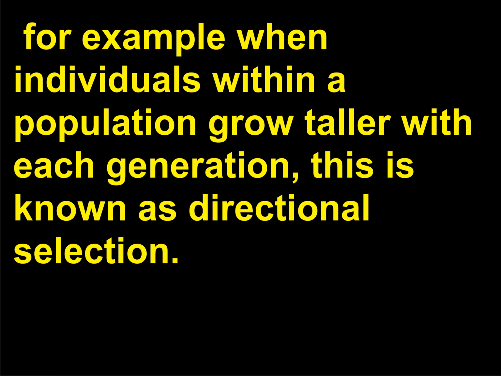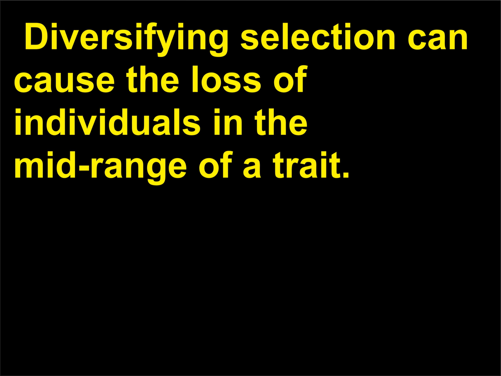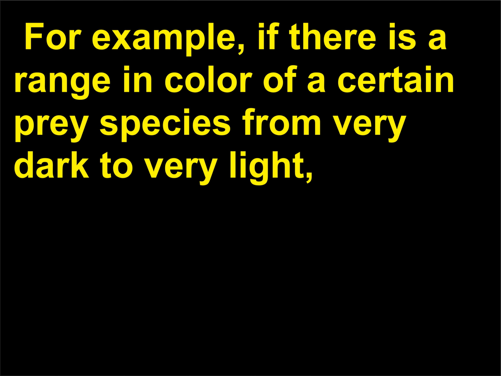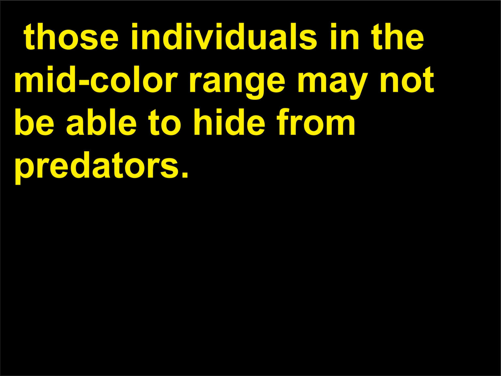For example, when individuals within a population grow taller with each generation, this is known as directional selection. Diversifying selection can cause the loss of individuals in the mid-range of a trait. For example, if there is a range in color of a certain prey species from very dark to very light, those individuals in the mid-color range may not be able to hide from predators.